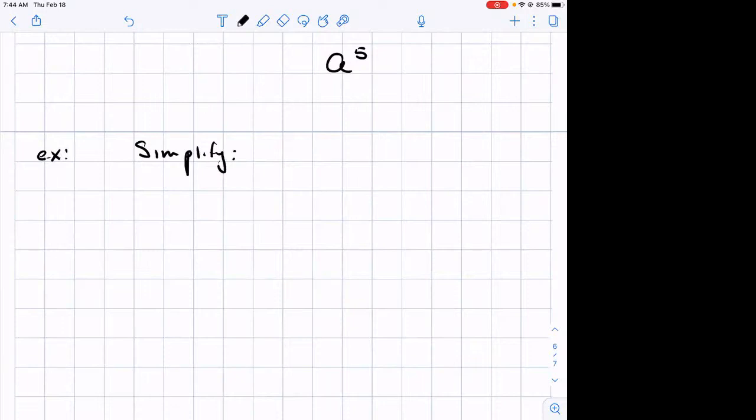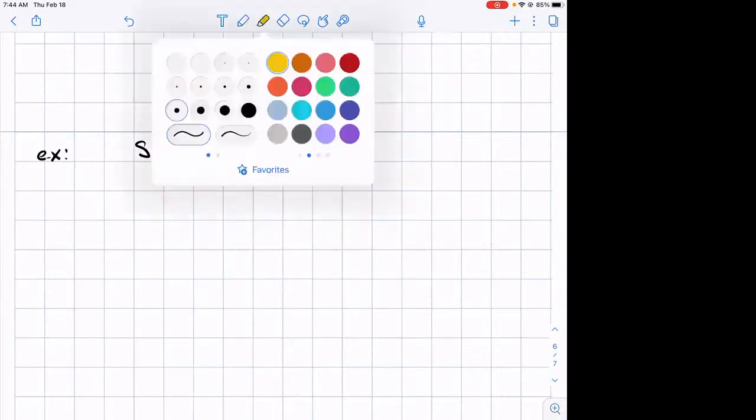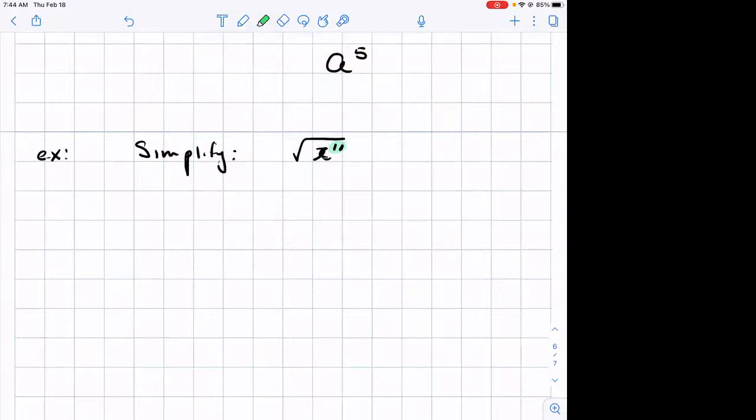How about if we have the square root of x to the 11th power? Well, 11 is not divisible by the index here, which is a 2.